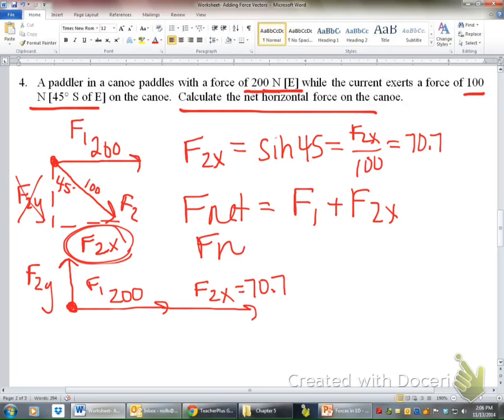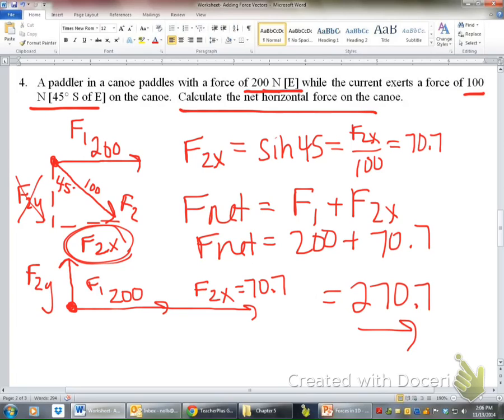So F net equals 200 plus 70.7. We get 270.7. And we can say it goes east. Since it's a net force that we're working with, our units are newtons.